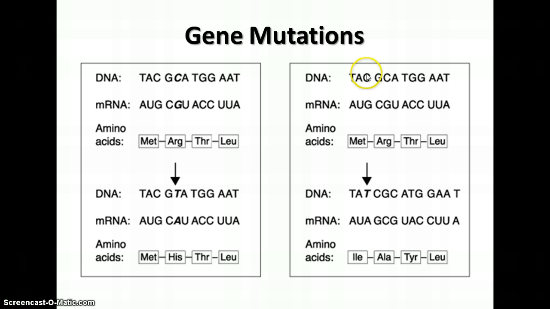Here's an example of an insertion. Notice between the original DNA here and the mutated DNA here, you see that a thymine has been inserted between this adenine and cytosine. That changes all of the amino acids in the sequence.